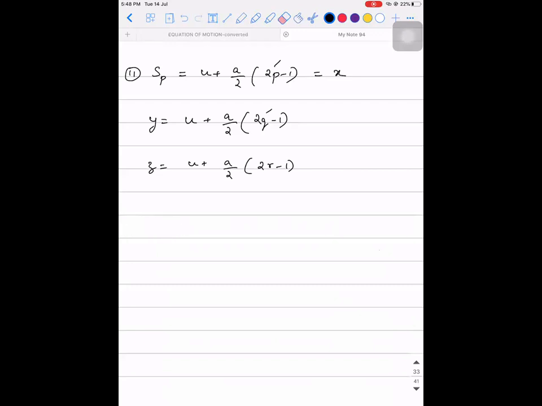Treat them as two linear equations and then solve it. So if I do y minus x, what do I get? I get a by 2 into 2 into q minus p. Am I right? So a will be equal to y minus x divided by q minus p.